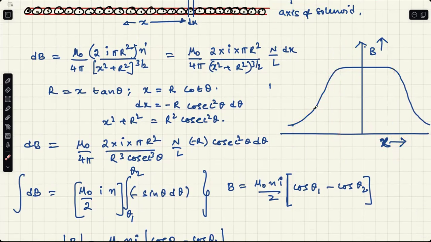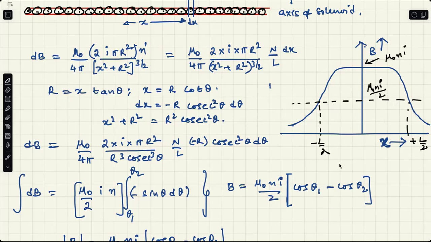Thereafter, when it comes to the ends, it falls. For example, if at the center the field is mu naught n I, at the ends it will be half of that.